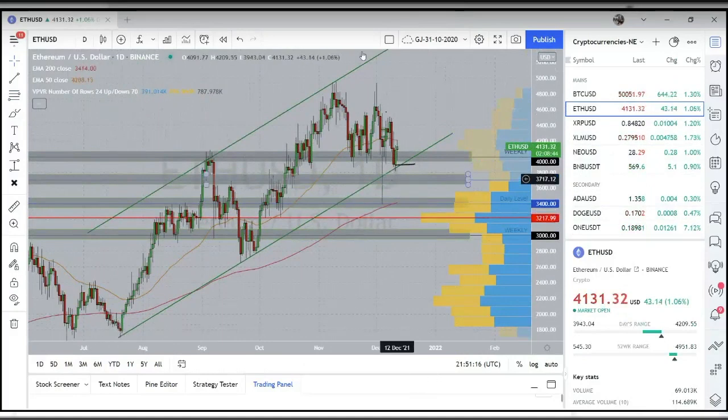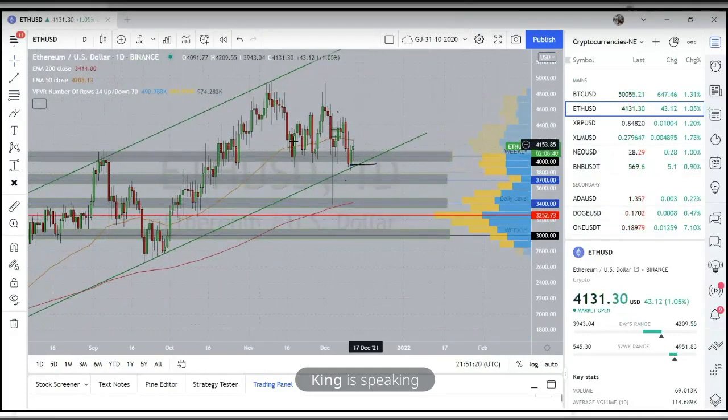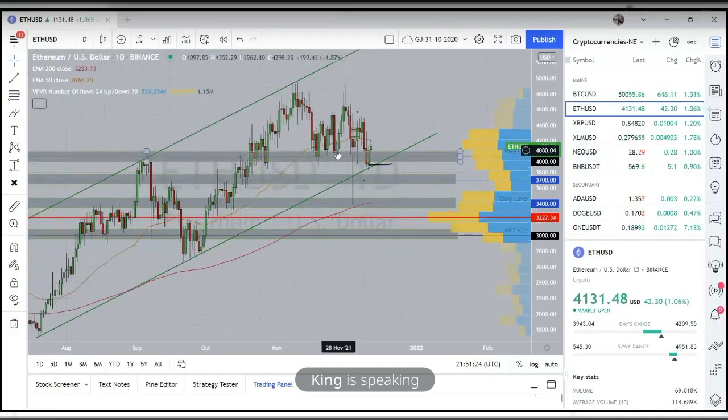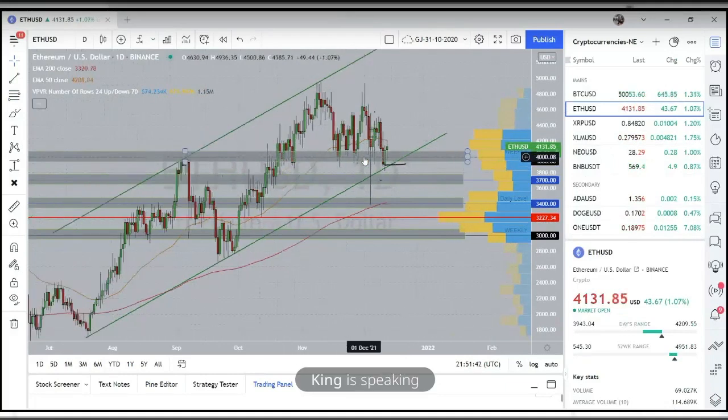So we could possibly be in return up to these levels, but right now the 50 EMA is capping price. So really we need to see a break above that to confirm that. It depends really what the market is doing.